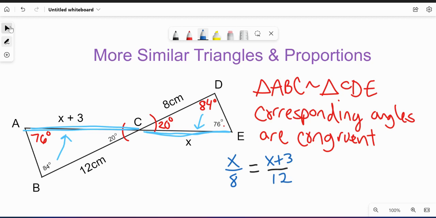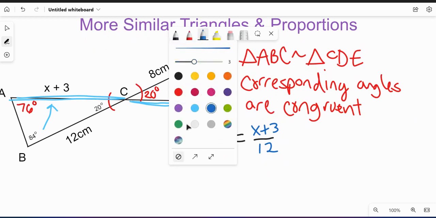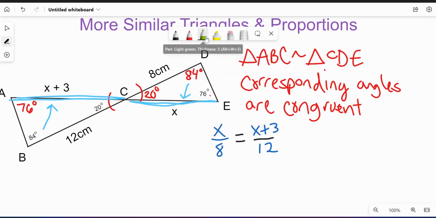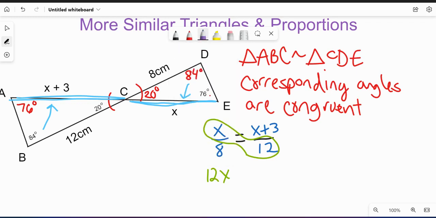Now we have to solve the proportion. 12 times x is 12x. 8 times x plus 3.